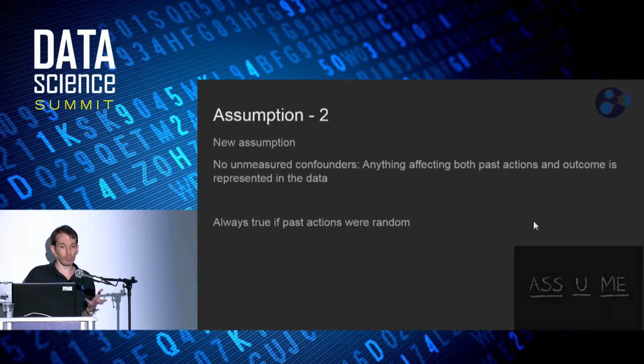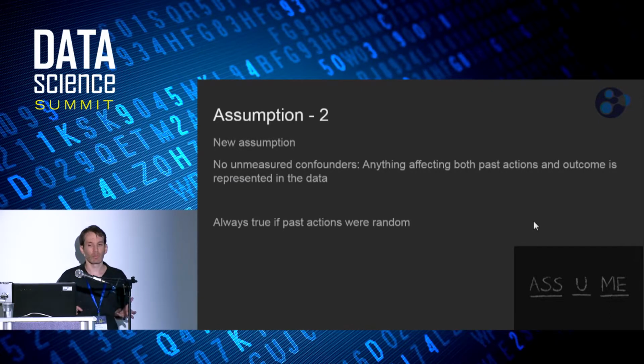Now, in order to do this kind of propensity model, we need to add a new assumption. The new assumption we need to add is no unmeasured or hidden confounders. A confounder is something which is affecting both my past action and the outcome.